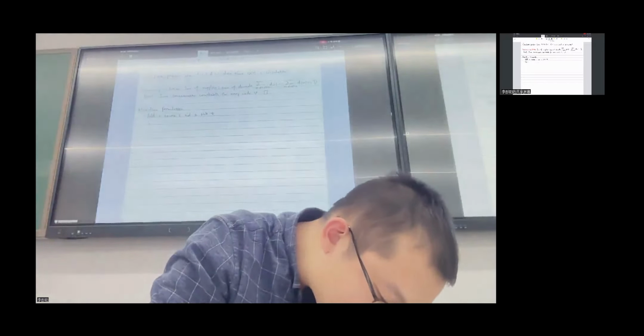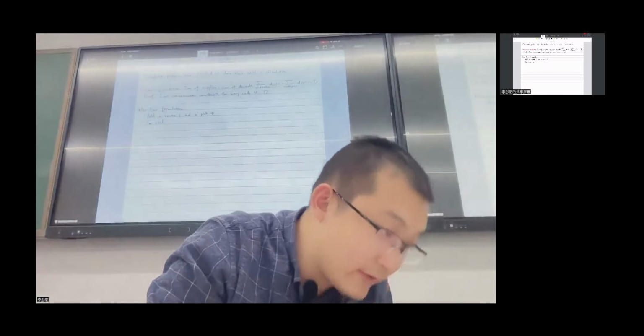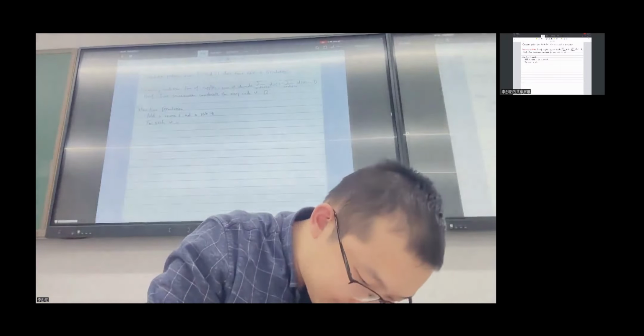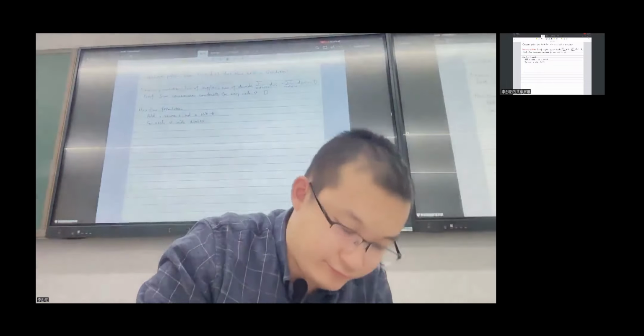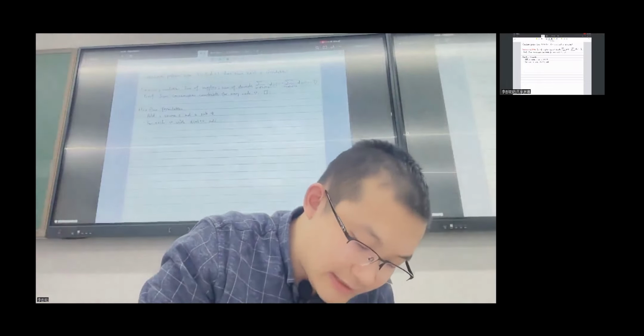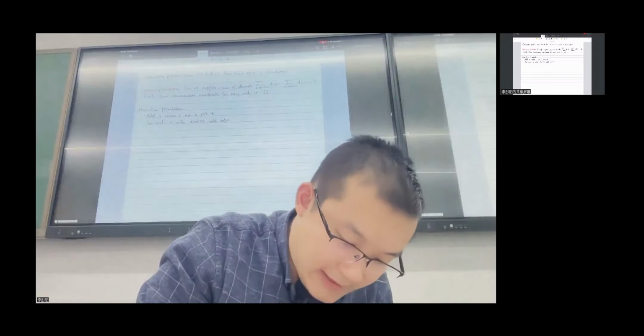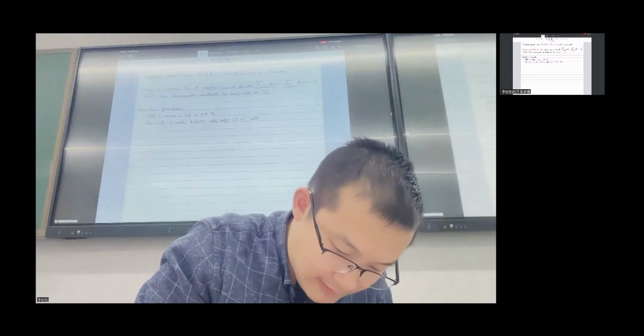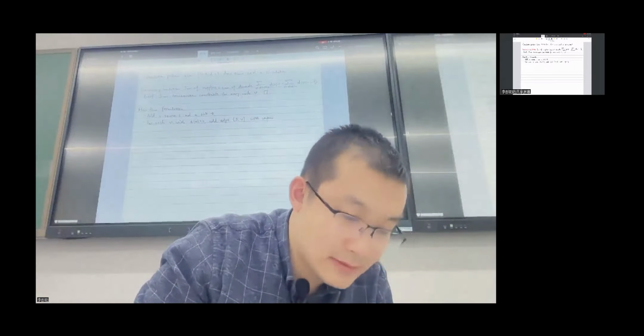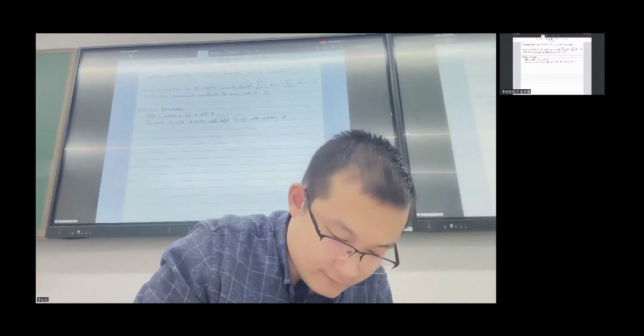For each V with dV strictly smaller than 0, we add an edge from S to V with capacity minus dV.